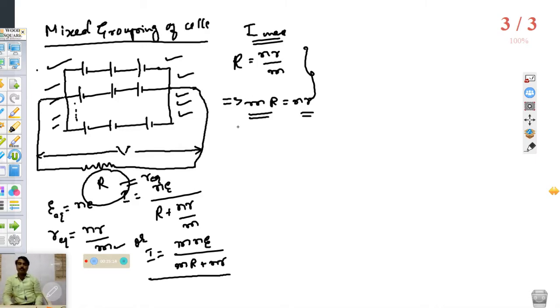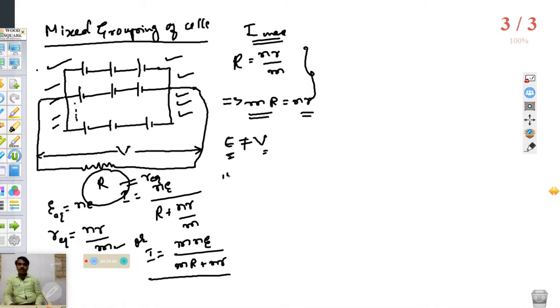Okay. Here grouping of cells also we checked, and now we shall see some different concepts related to the battery. Usually what we say, the EMF of the battery is not equal to the potential many times, because whenever you consider the EMF, the battery will offer the internal resistance. So because of that, the terminal PD may not be equal to EMF many times.